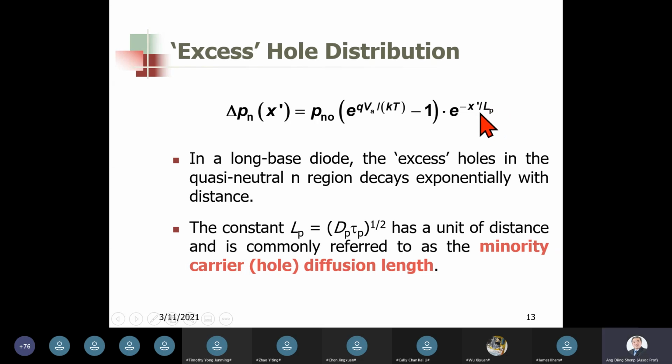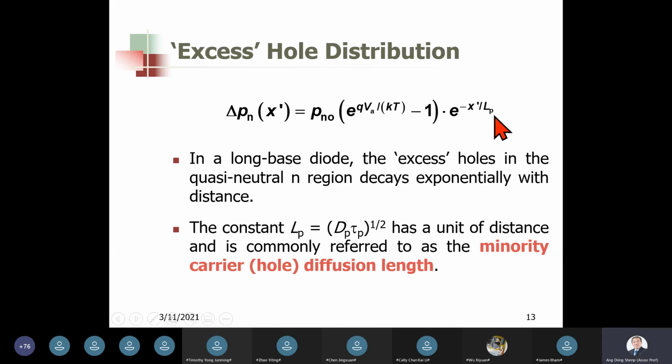If LP is large, then the decay is very slow. You can verify this quite easily. If LP is large, this exponential term will tend to be small, making the decay in the excess hole concentration happen more slowly along the length of the quasi-neutral N region.